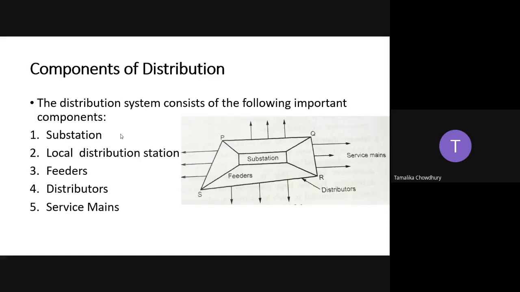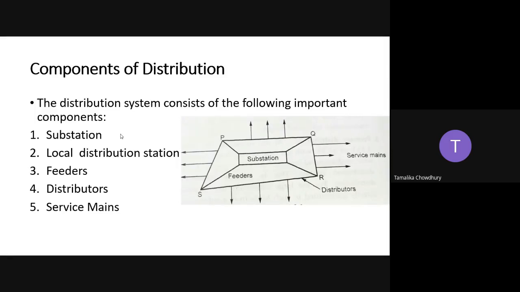And from the feeders, the last line is the distributors. And from the distributors, it goes to the service mains. Okay, so it is arranged and written accordingly. First the substation, then the local distribution station, then the feeders, then the distributors, then the service mains.